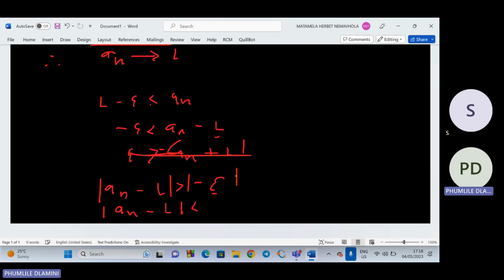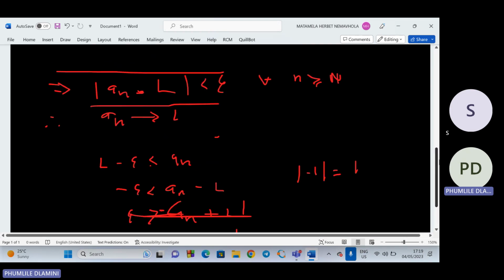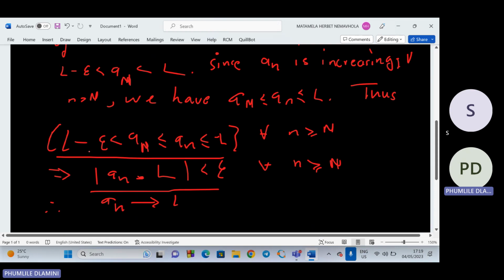Because epsilon is a number, it will be E. The absolute value of a number, negative 1, is the same as 1, so it's going to say E. But because of the introduction of the absolute value on both sides, we change the sign, and it is going to be less than epsilon. So that's how we came up with this conclusion, that this implies that the absolute value of an minus L is going to be less than E for all n natural numbers.